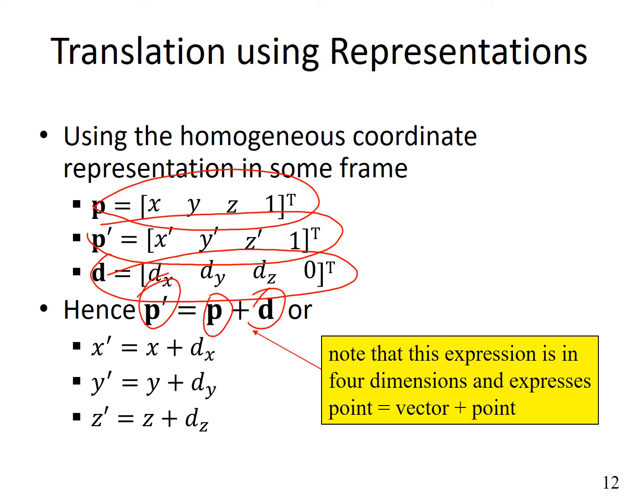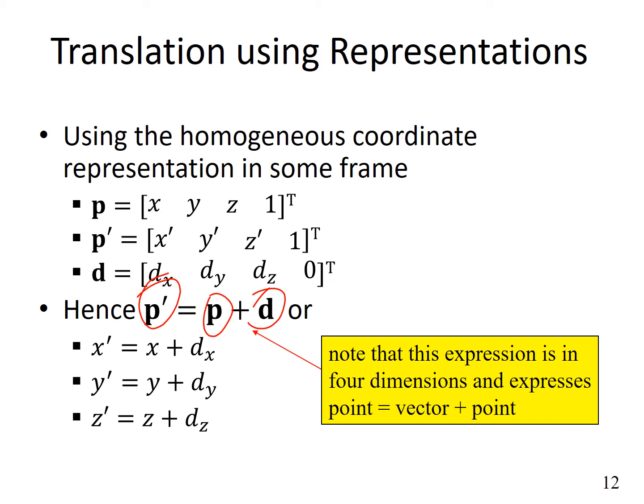And this holds nicely because if we add d to p, this 1 and 0 will add up to give us 1 again, and hence the addition of a vector and a point gives us a point.